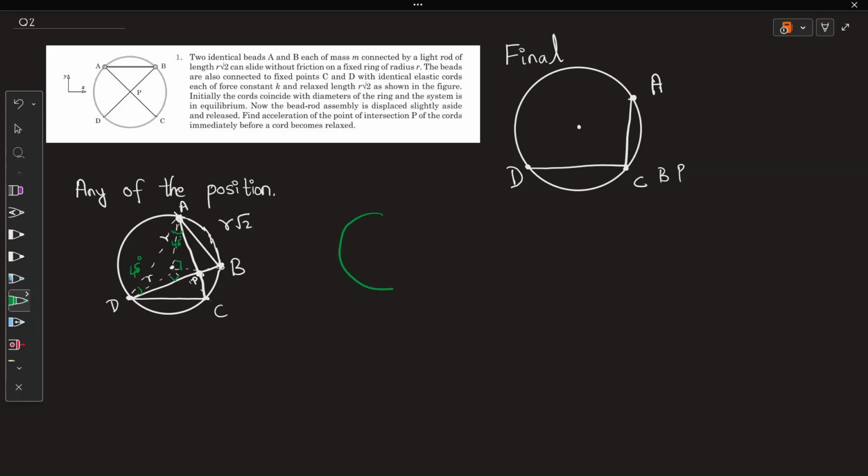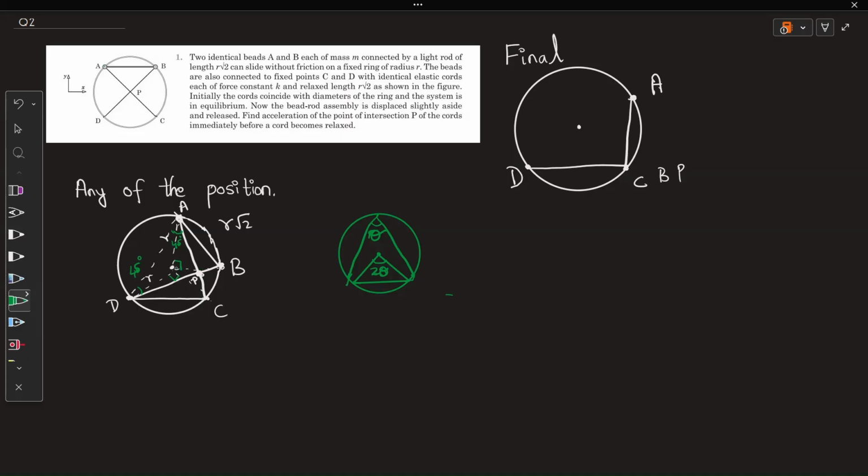Why? Because if you take a circle, and let this be the center, if this is 2 theta, then this is theta. This is a basic property from circles. So if this is 90, this would be 45 degrees.